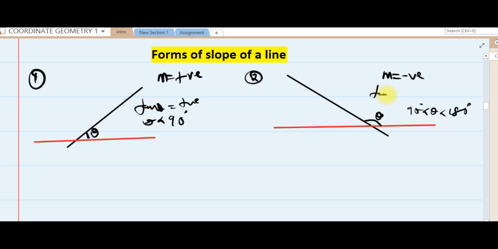So the tan of theta will be negative, second quadrant. That's why the answer is negative. So any line of this form, the slope is always positive, but for a line like this, the slope is negative.